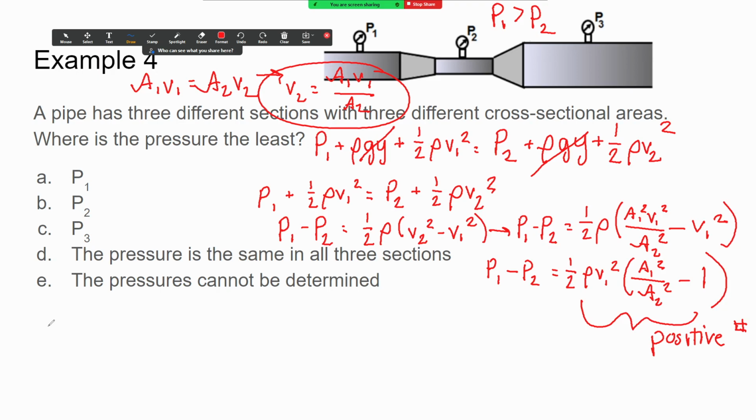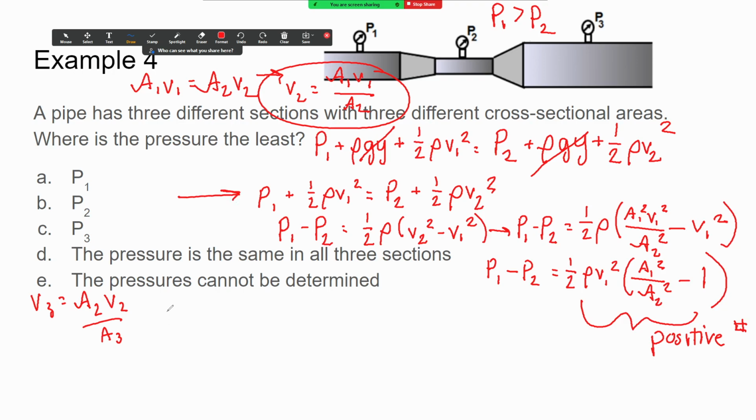If I'm now going from 2 to 3, by the continuity equation, V3 is going to be equal to A2 V2 over A3. Once again, it's horizontal flow, so I am reduced to this equation again.